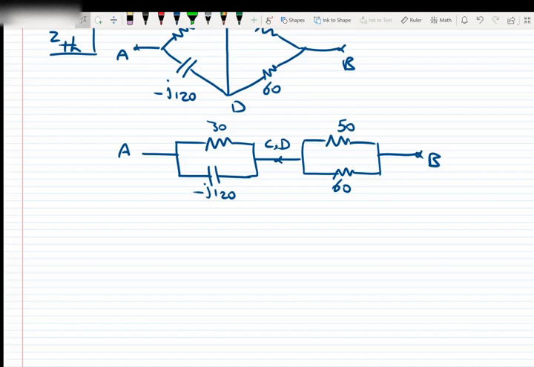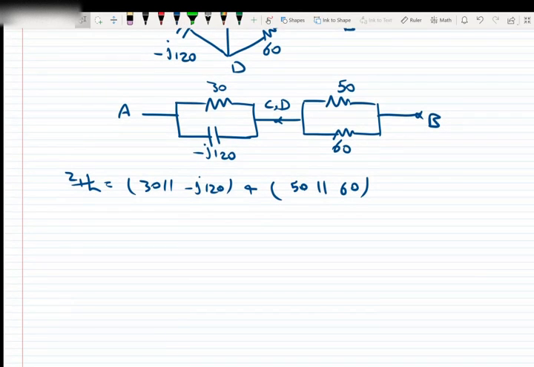We can say the Z Thevenin is equal to 30 in parallel with negative j120 plus 50 in parallel with 60.